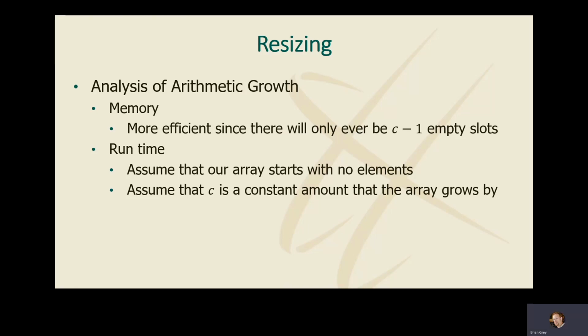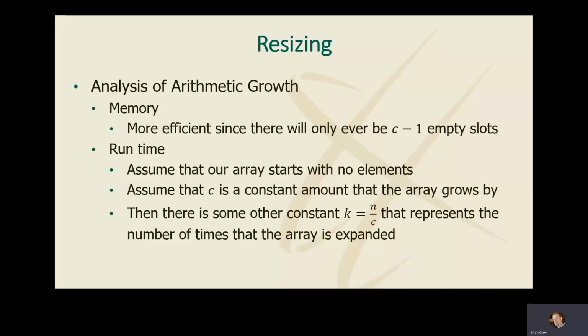Then we can do some quick math. We're going to have n elements in it. So we're not going to grow it n times. We're going to grow it some unknown value, right? We're going to have n elements put in. And if we divide that by the number of elements that we grow each time, we can get another constant, k, right?